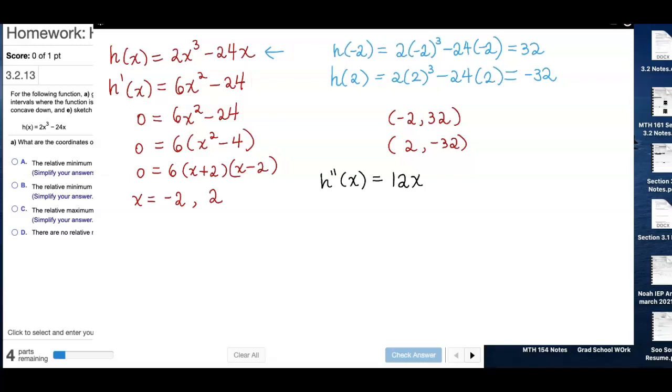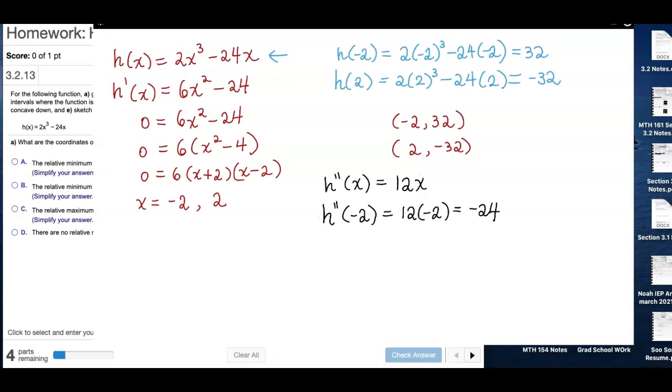So now I need to plug in my critical values in here so that I can see their sign. H double prime of negative 2 is negative 24. Remember from our lecture videos that if you get a negative second derivative, then the point, negative 2, 32, is the relative maximum.